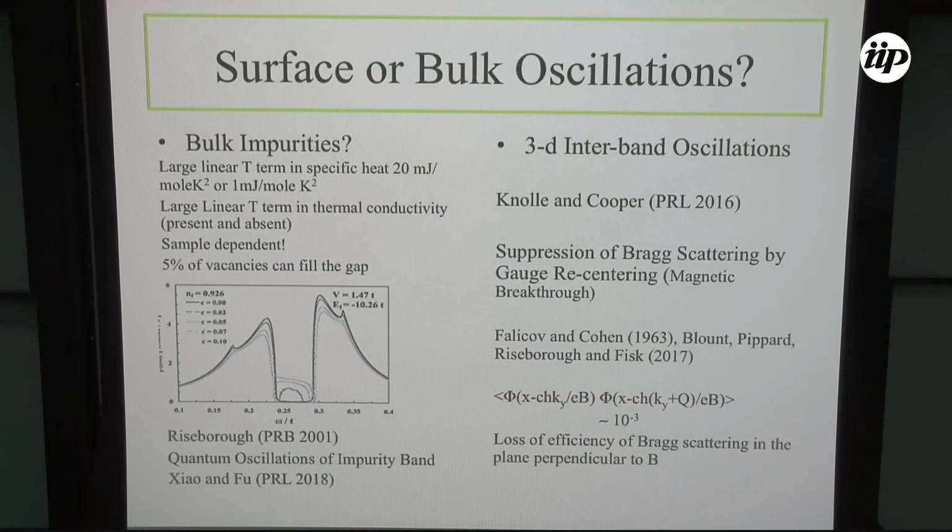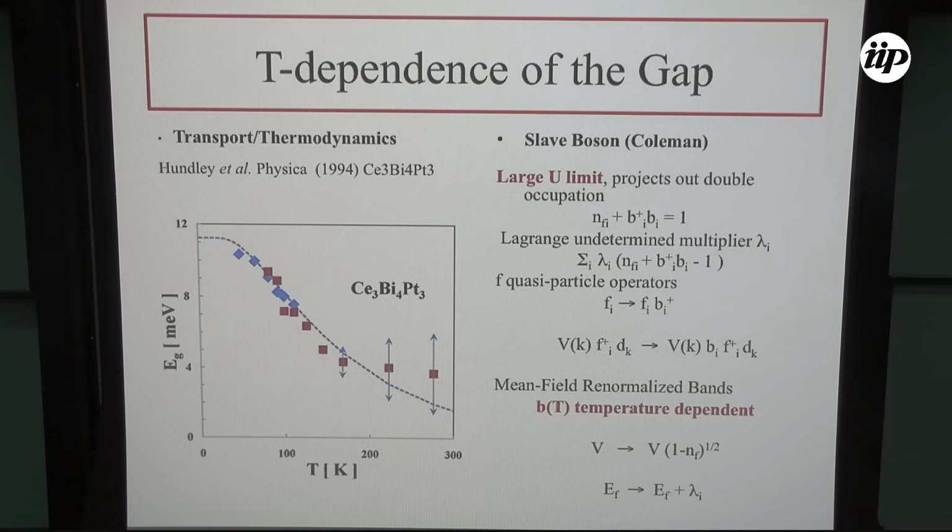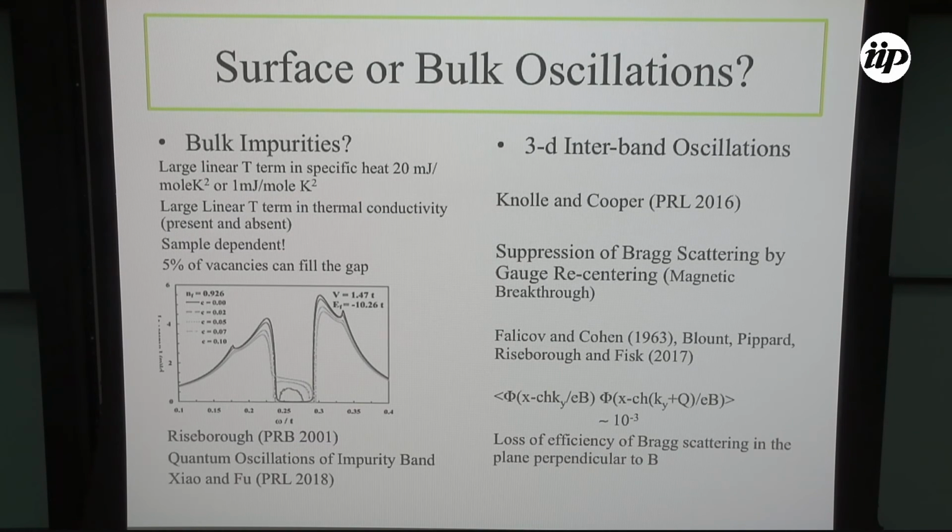Now, if you Bragg scatter, then the proportionality of Bragg scattering is given by the overlap of those two wave functions. And if you take this into account, as it was first done by Falicov and Cohen, well, actually, they didn't do that.